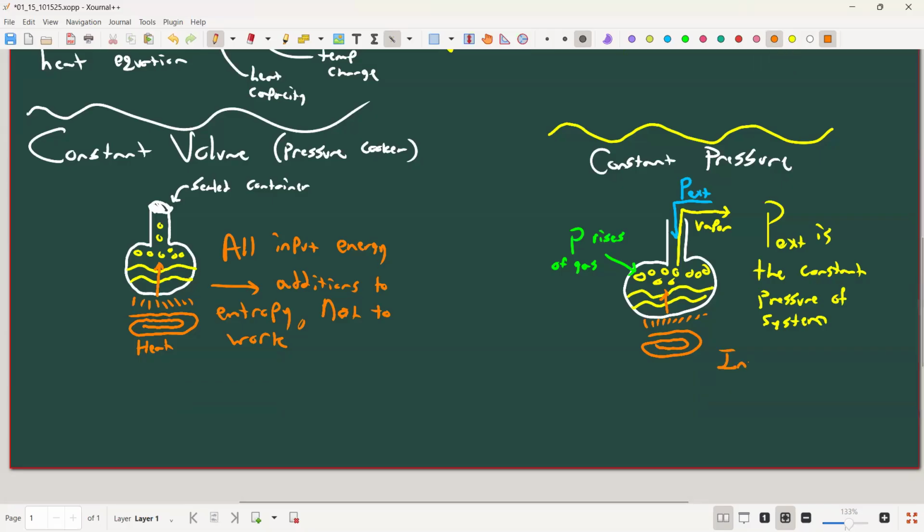Input energy is allocated to both entropy and the escaping work to maintain pressure.